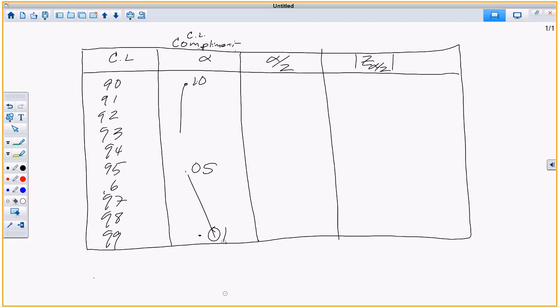What's the complement of 92 cents? 8 cents. So, do the third column. What is 10 cents divided by 2? 5 cents. 0.5. And then do the third column.